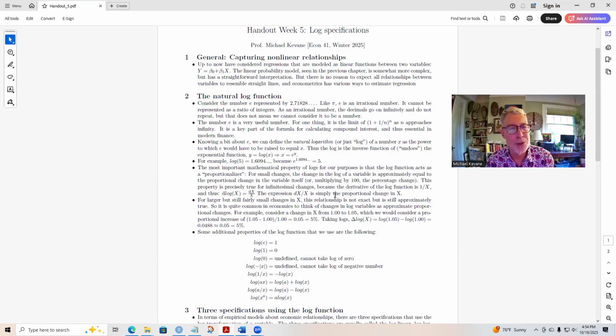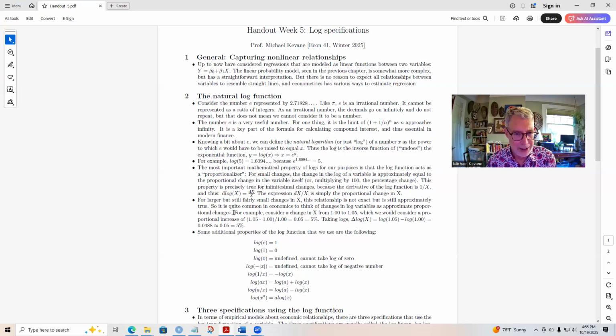And remember, a proportional change, if we multiply it by 100, is a percent change. So a change in the log of a variable is equivalent to the proportional change in the variable, and that's equivalent, if we multiply by 100, to the percent change in the variable. This holds for very small changes, but it's approximately true for somewhat larger changes.